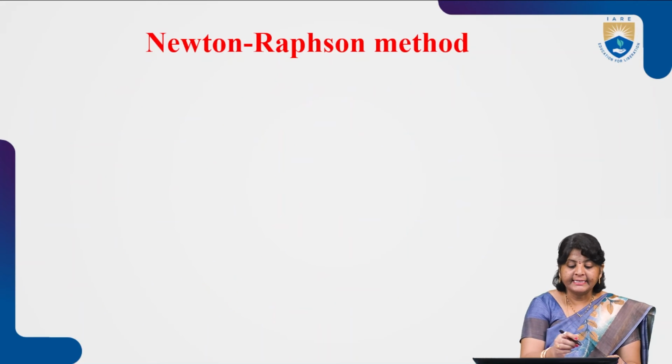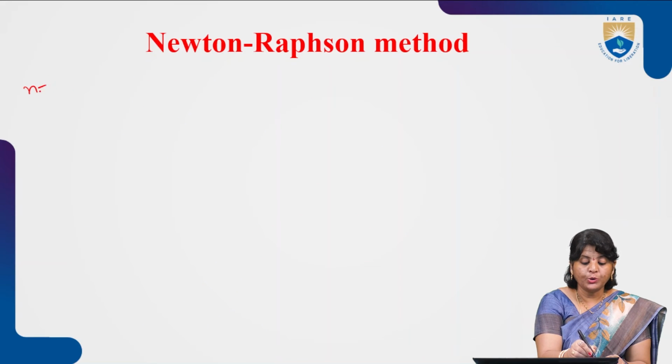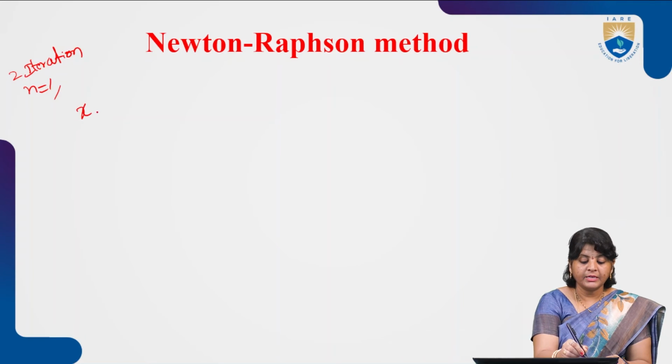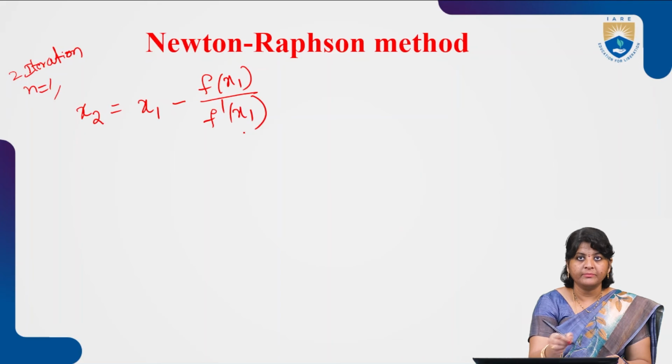Now second iteration, n is equal to 1. x2 is equal to x1 minus f of x1 by f dash of x1. So from here, x1 is 2.593 minus f of x1.